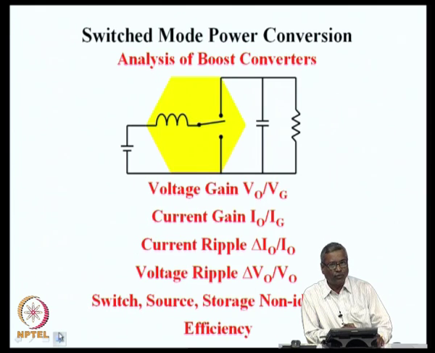In what way the output current I naught, the load current I naught, is related to the source current Ig through the switching duty ratio D. The ideal performance of the converter is to draw steady power from the source and deliver steady power to the load.